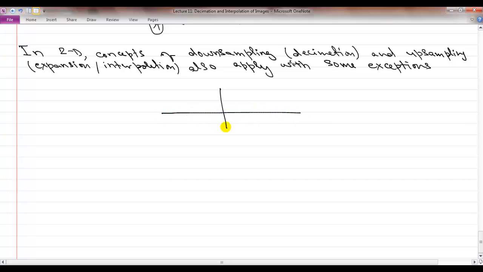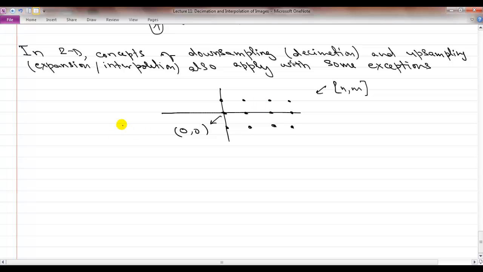So let's say you have a sequence, and now I'm not drawing the Fourier transform. Now I am drawing the NM space. This is 0,0, 0,1, 1,0, 1,1. So this is 0,0, and I have all the connections.